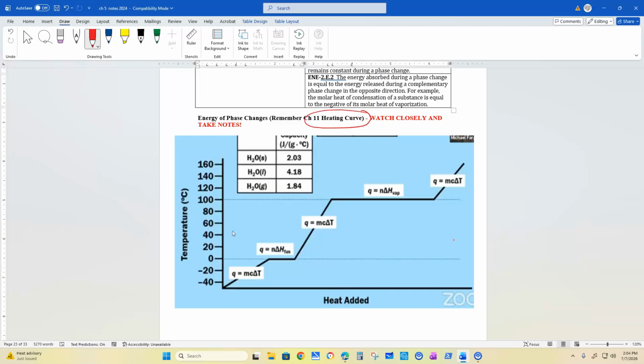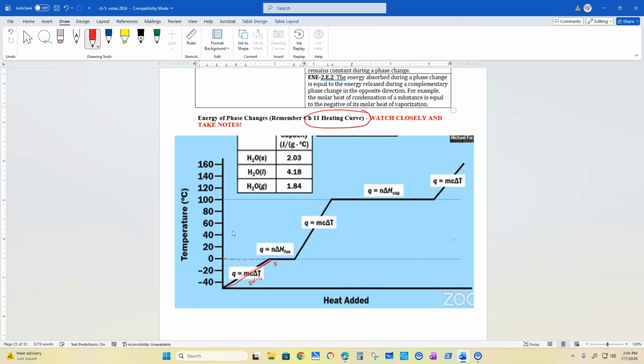Notice right here on the y-axis is temperature, but on the x-axis is heat added. So right here, as temperature increases, we are still in the solid phase, because notice right here, this is water. Water changes from a solid to a liquid at 0.